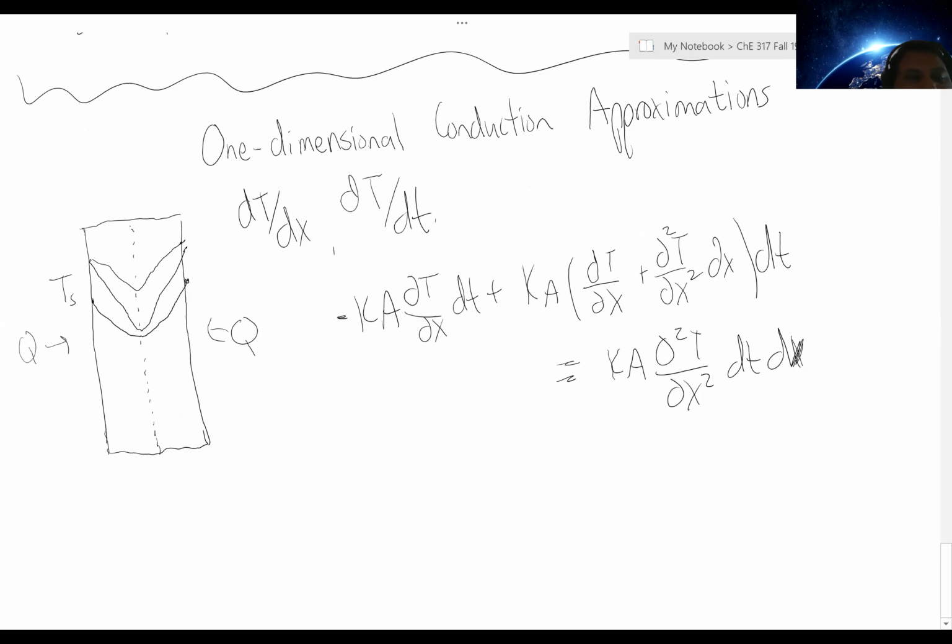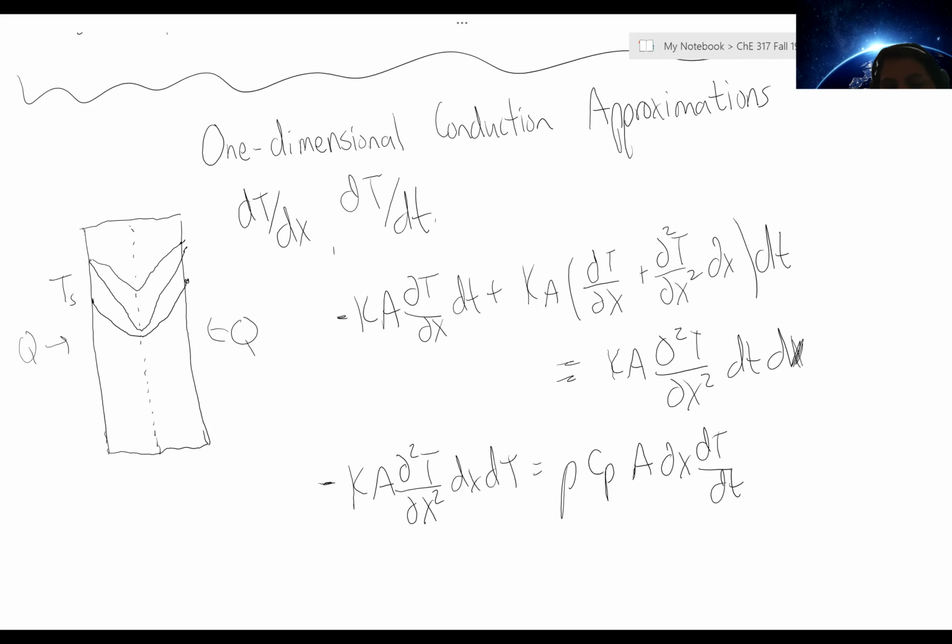But what we find is that we can approximate the right-hand side, kA d squared T over dx squared dx dt, as rho times Cp times A dx dT. This means essentially that the accumulation of heat within the material will be held within that material as a function of its density and heat capacity.